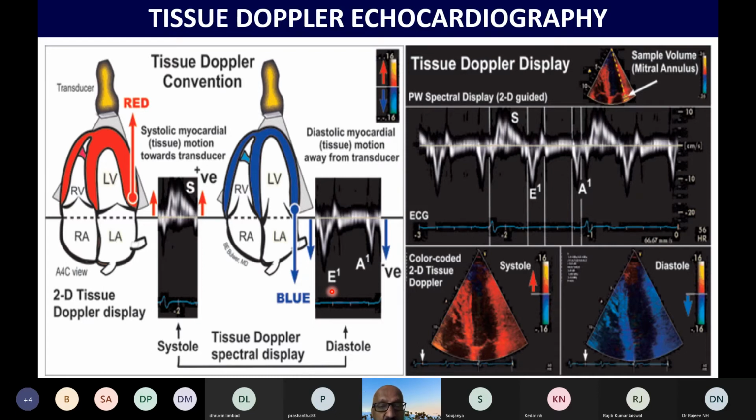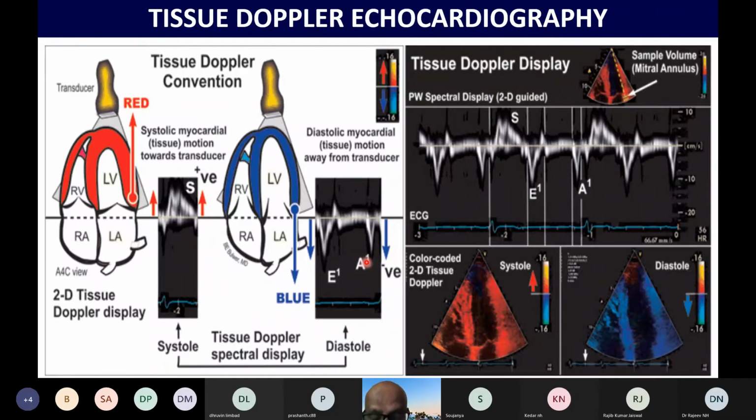In patients who have pseudo-normal diastolic dysfunction, E prime will be smaller than the A prime, whereas with the pulse wave Doppler, the E and A ratio will be normalized. That's why it's called pseudo-normal.